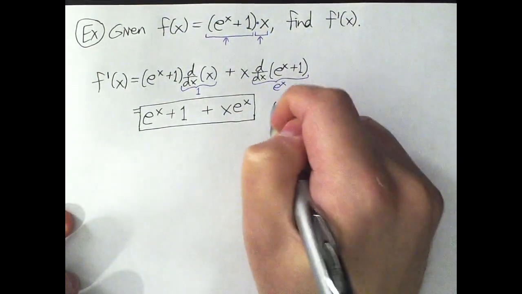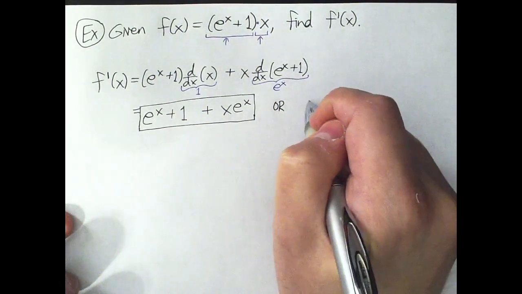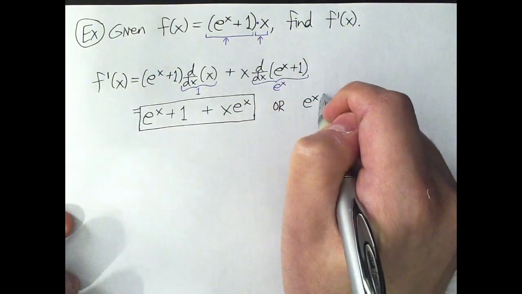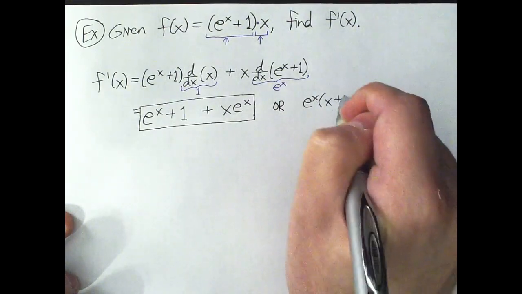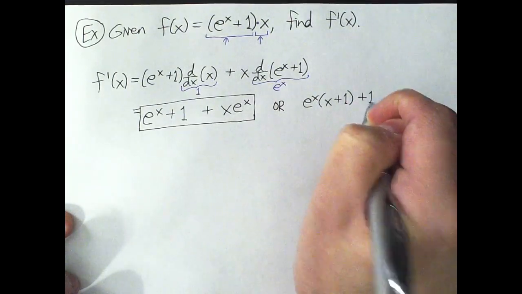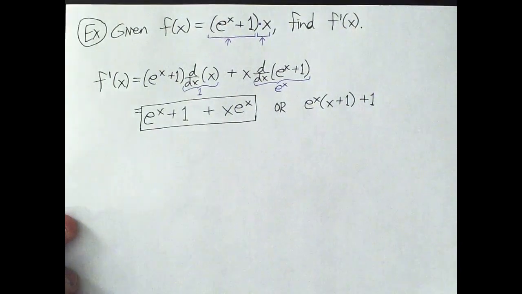Or there's probably some other ways that you could write this. You could group some things together: e to the x, x plus 1 plus 1. That's also equal to what we wrote.